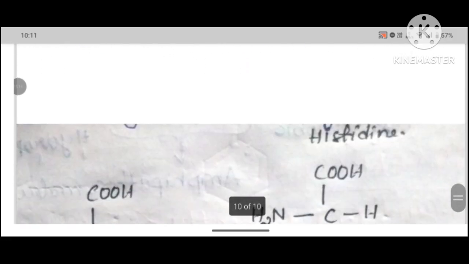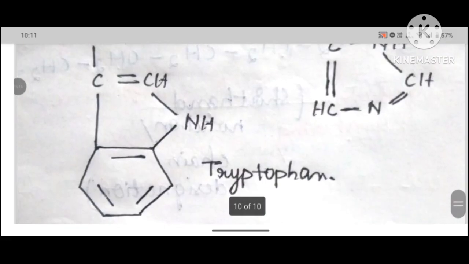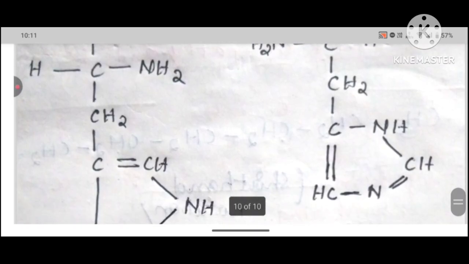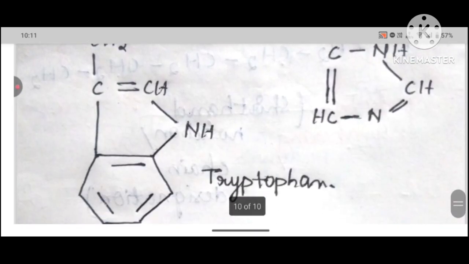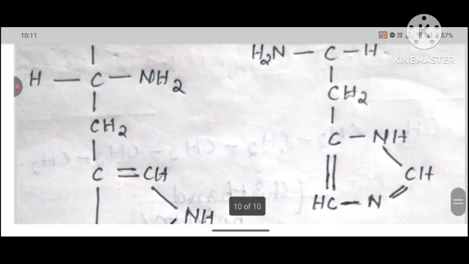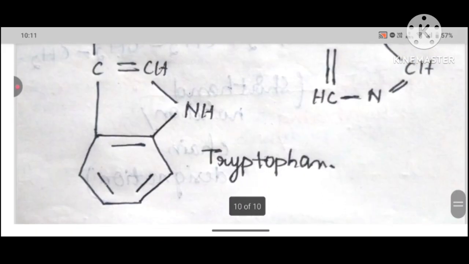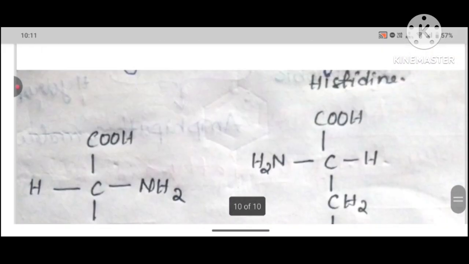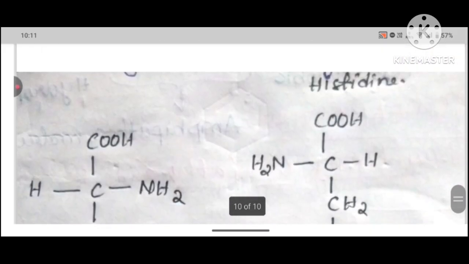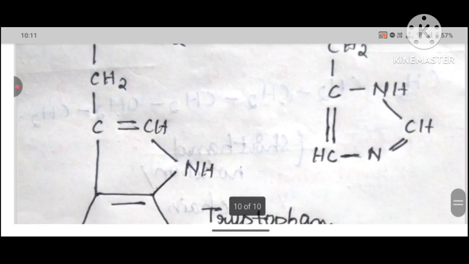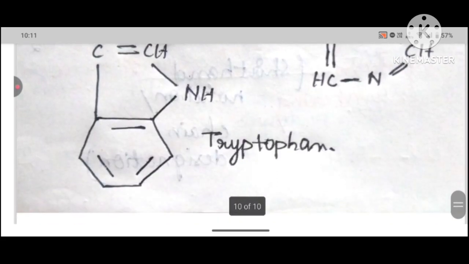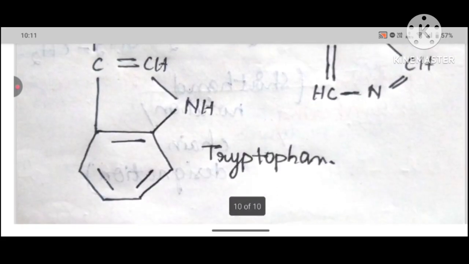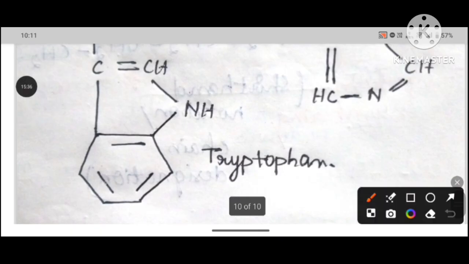And here are another two examples of heterocyclic amino acids, tryptophan and histidine, having heterocyclic rings in their structure. You can observe the presence of heterocyclic rings.